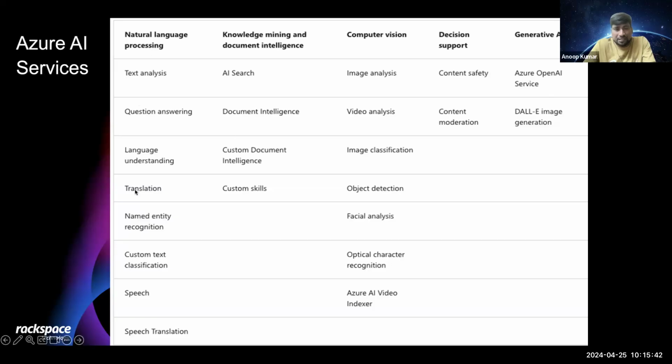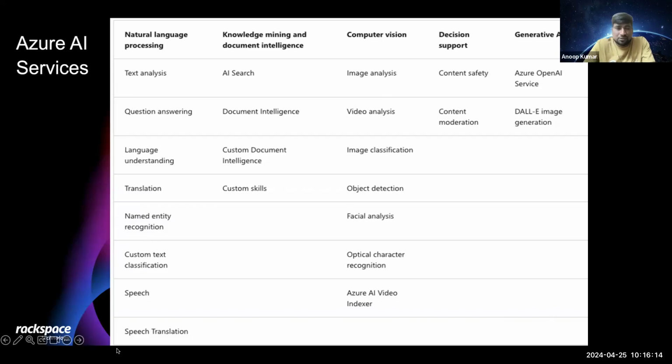These are the Azure AI services which you can use individually, like text analytics, question answering, language understanding, and translation. These services are individually available, and you can use them for your application or API if you want to create something, like adding face recognition in your app to recognize faces, or using video analysis through computer vision or image analysis.